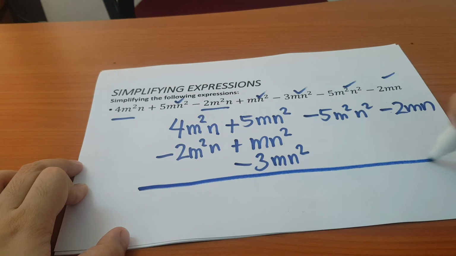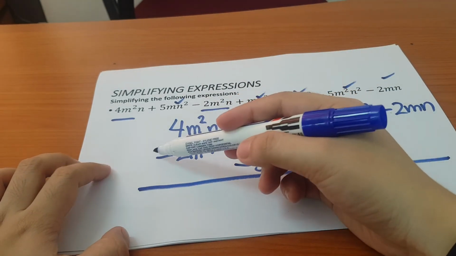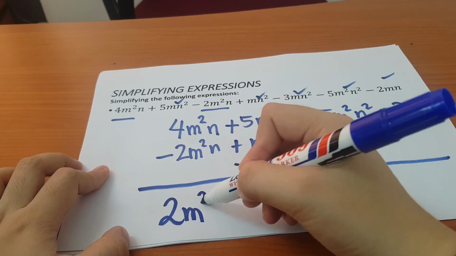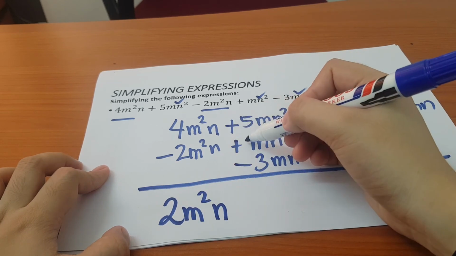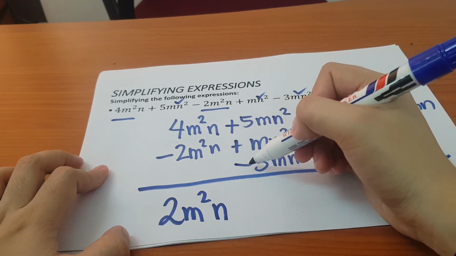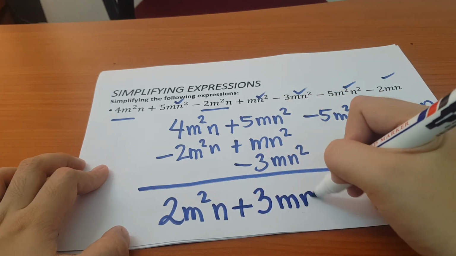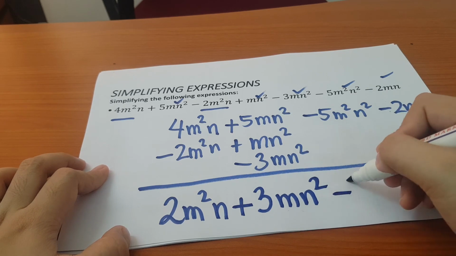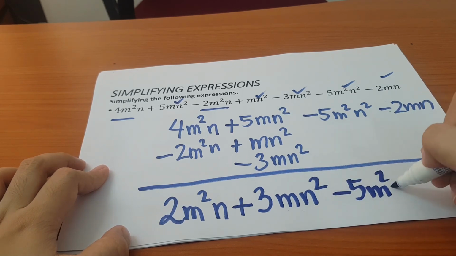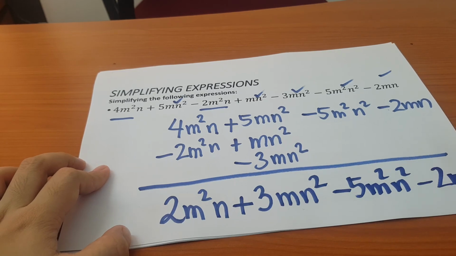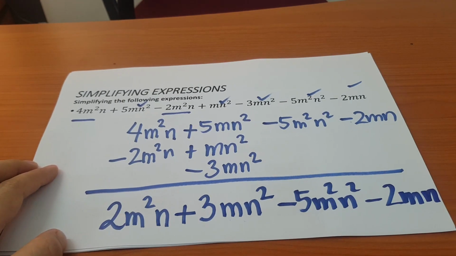So we now simplify. 4 minus 2 is 2m squared n. 5 plus 1 is 6, minus 3 is 3mn squared. Carry this one and the next one. So that's it.